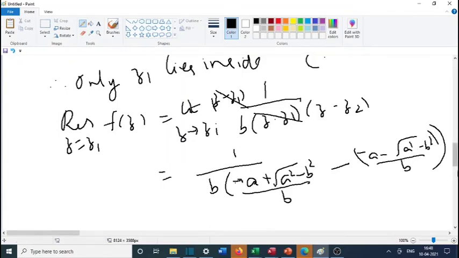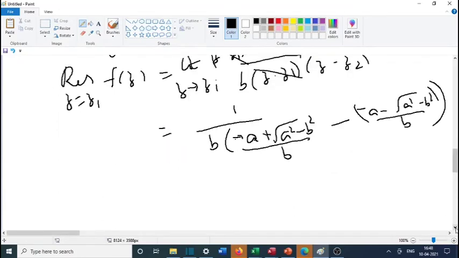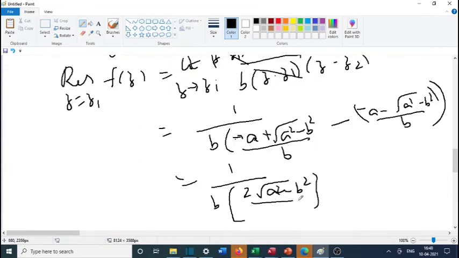If we take the difference, the minus a and plus a terms cancel, so only 2 times square root of a square minus b square all divided by b remains. So this b cancels, and the answer is 1 by 2 into square root of a square minus b square.